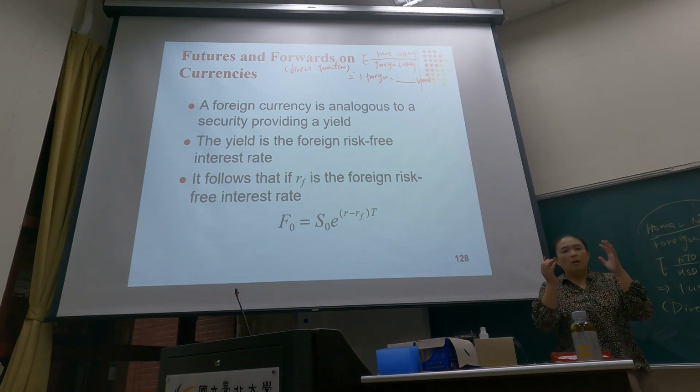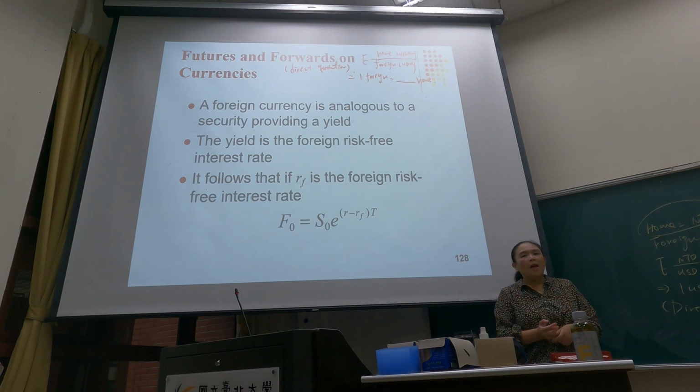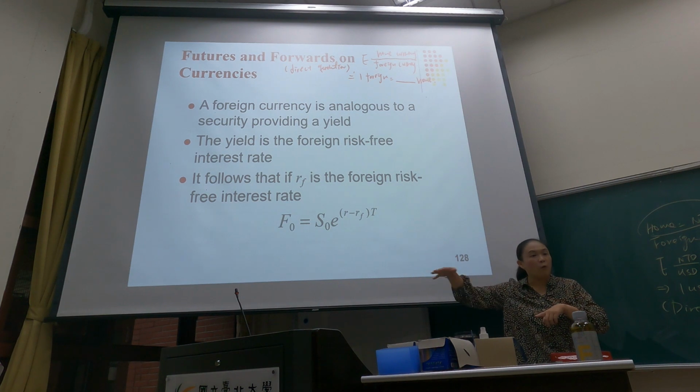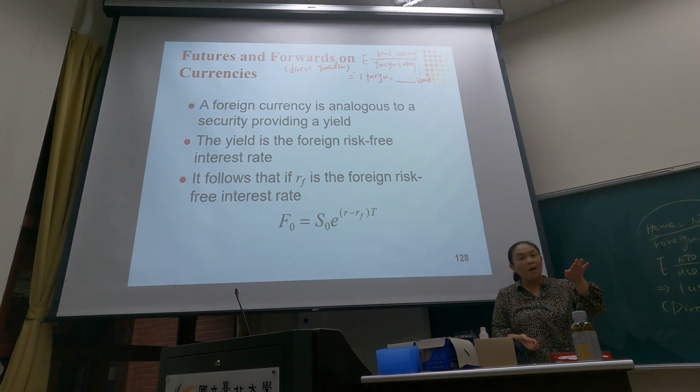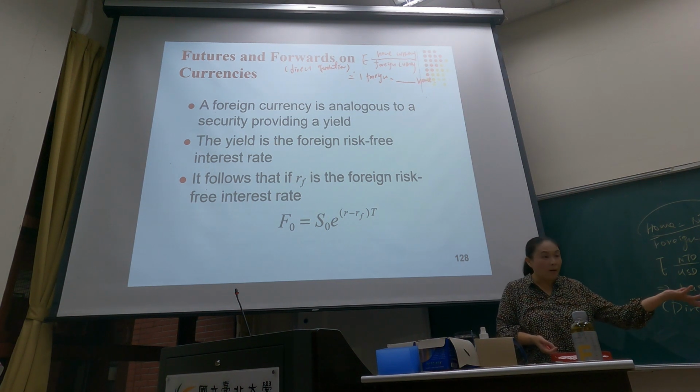Okay, so imagine that today you are offered 1,000 US dollars, and you have two choices. First choice is to convert this 1,000 US dollars back to Taiwanese dollars today, and then you can save in the Taiwanese bank for 1 year. Okay. Second choice is that you keep it as 1,000 US dollars and you save in the US bank.